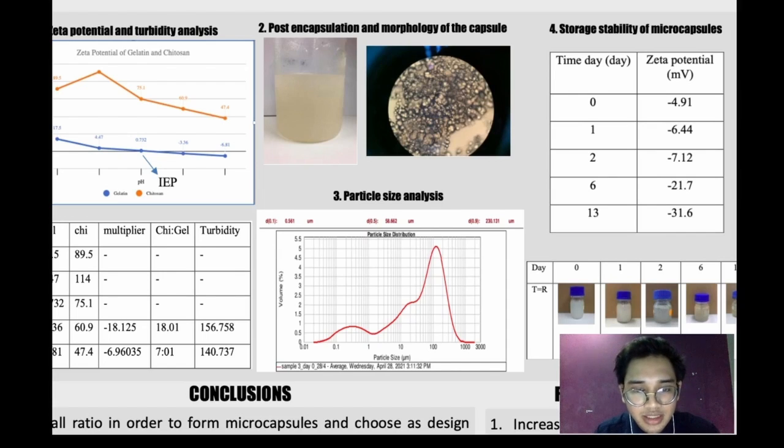The next result that I will discuss is the particle size analysis. After putting the post-encapsulation solution in the Mastersizer, we gained the result as the graph shows. The graph shows some data, and after some calculation, we identified the mean diameter size of the capsule as 91.741 micrometers, which is accepted by other researchers.